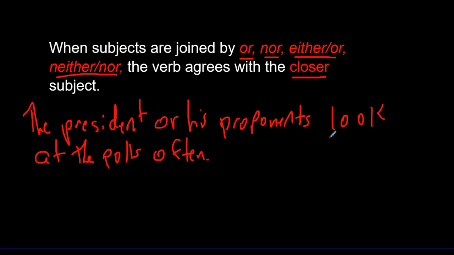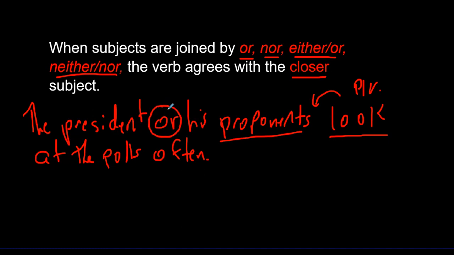Now, if you look at the verb, the verb here is a plural verb because it should agree with the subject which is closer to it, which is in this case proponents. The compound subject in the sentence is president or proponents.